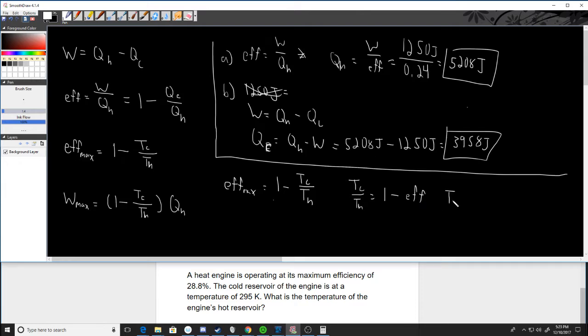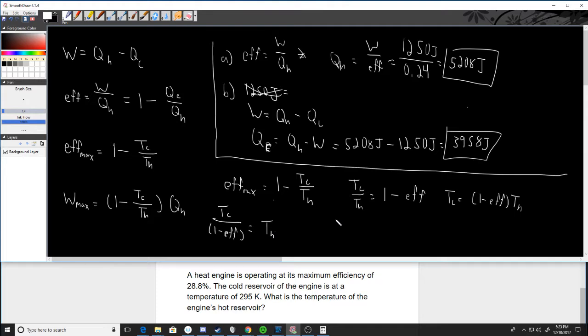So I've got the temperature of the cold reservoir is equal to 1 minus efficiency times the temperature of the hot reservoir. So I'm almost there. Divide both sides by 1 minus efficiency. TC over 1 minus efficiency, that's an E, equals the temperature of the hot reservoir.